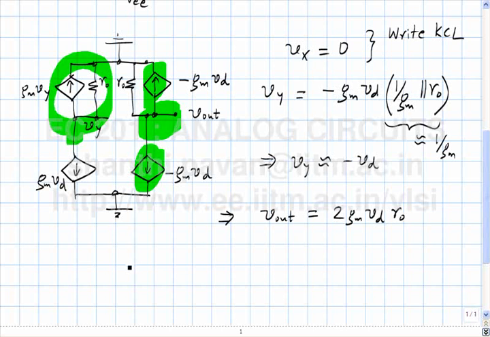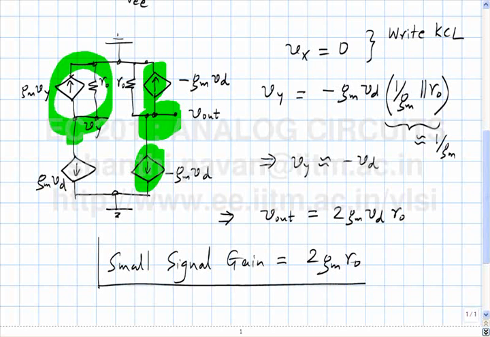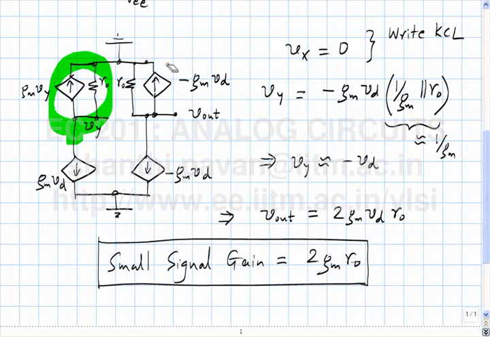In other words, the small signal gain is what? 2 Gm R0. You understand?